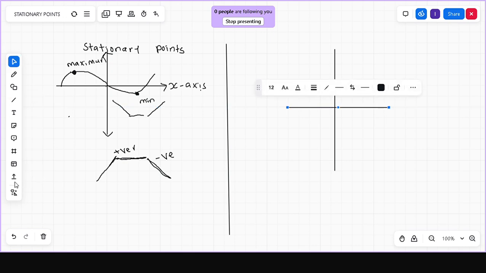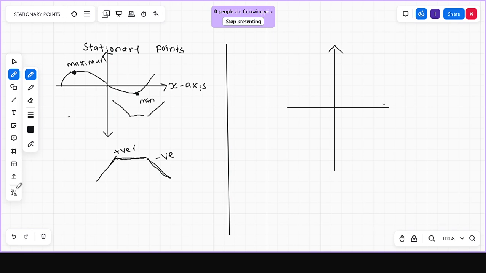Some curves tend to run this way, going upwards, then flattening, then again going upward. Such a point is neither maximum nor minimum. These points in a curve are called the points of inflection.